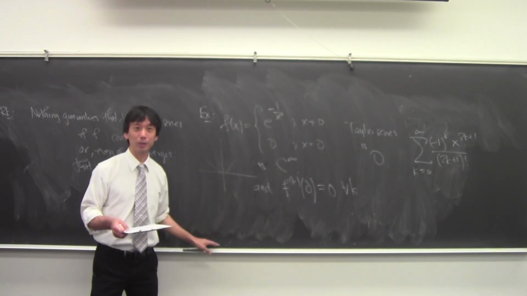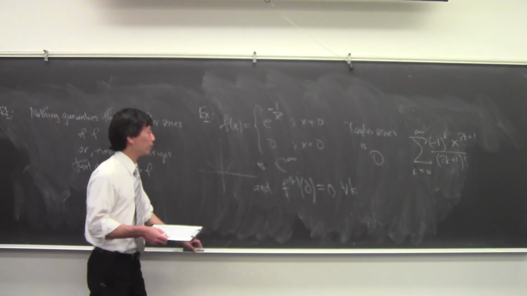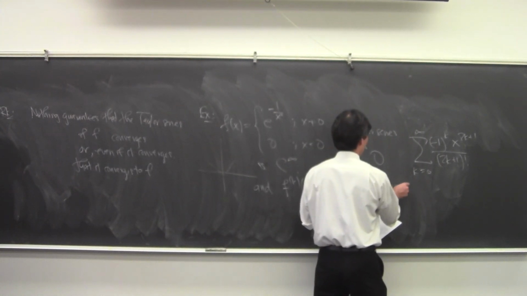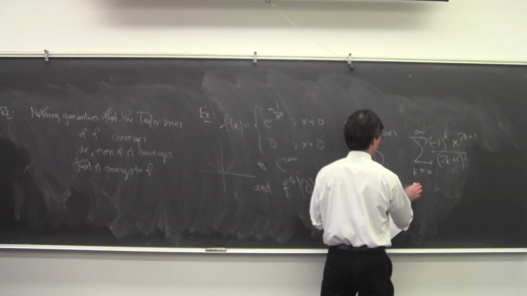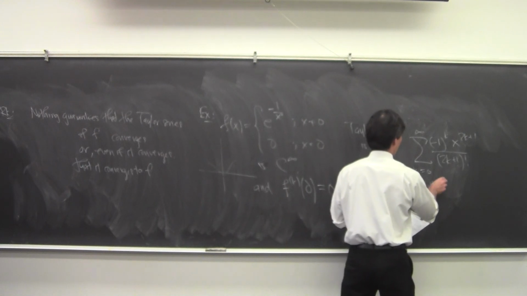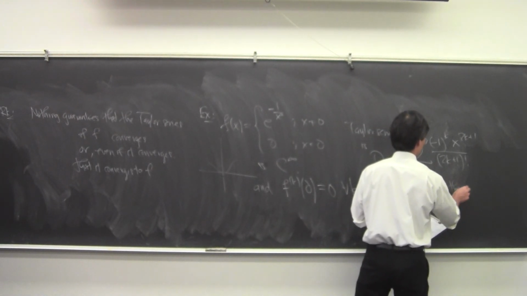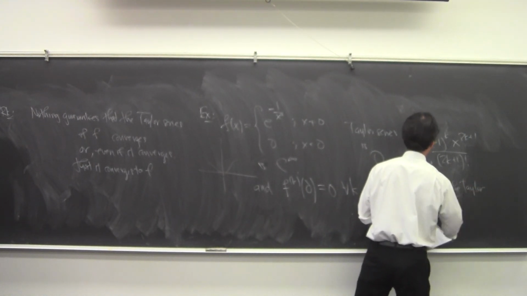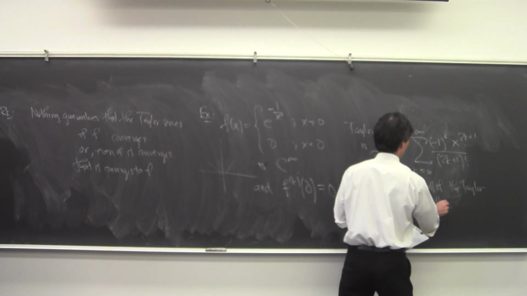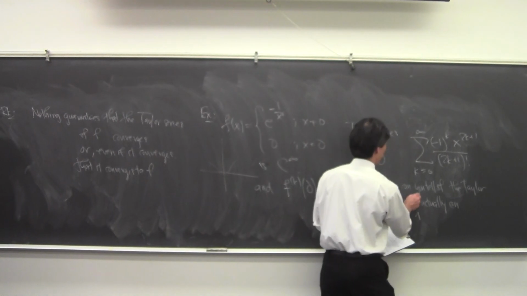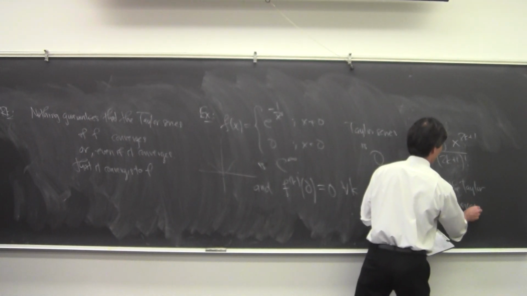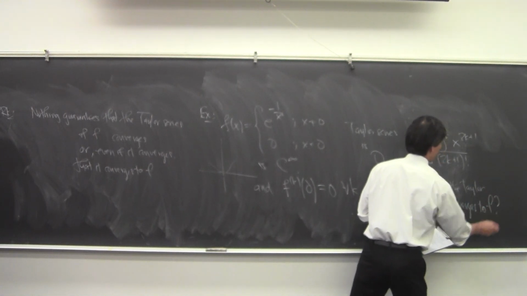So the question is, how can you tell if the Taylor series of f actually converges to f?